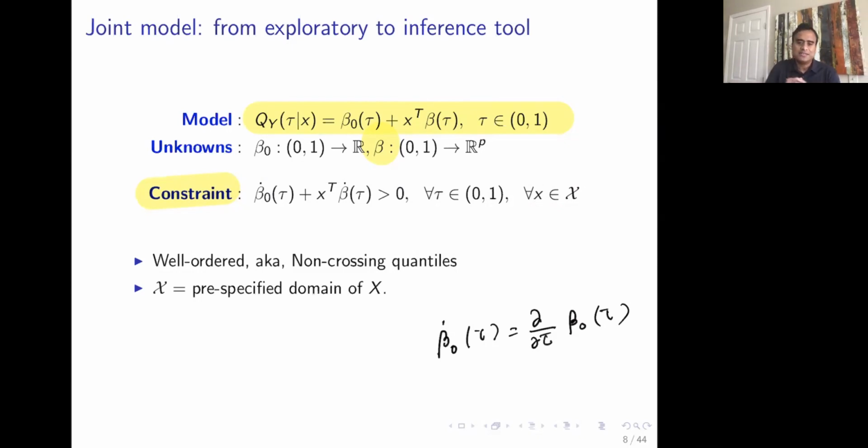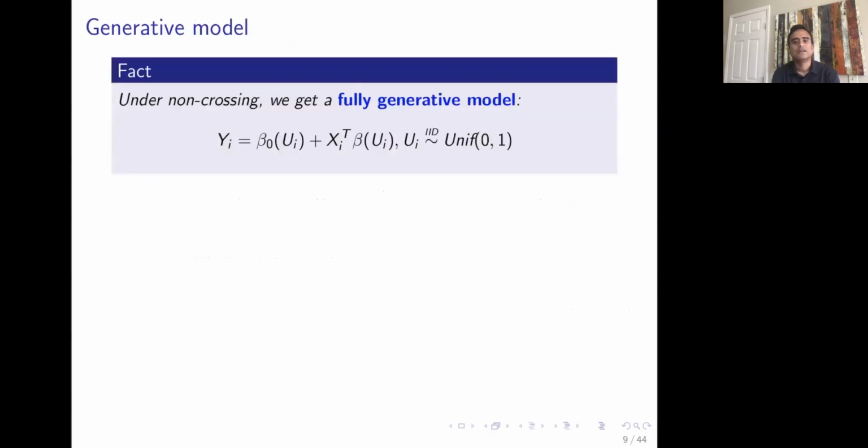This is a point that sometimes is missed in the quantile regression literature. So let me stress that point a little bit more. Under that specification, where you're saying that you have quantiles given by those hyperplanes, and the hyperplanes are strictly ordered, you can think of it as a fully generative model by writing it as an equation.